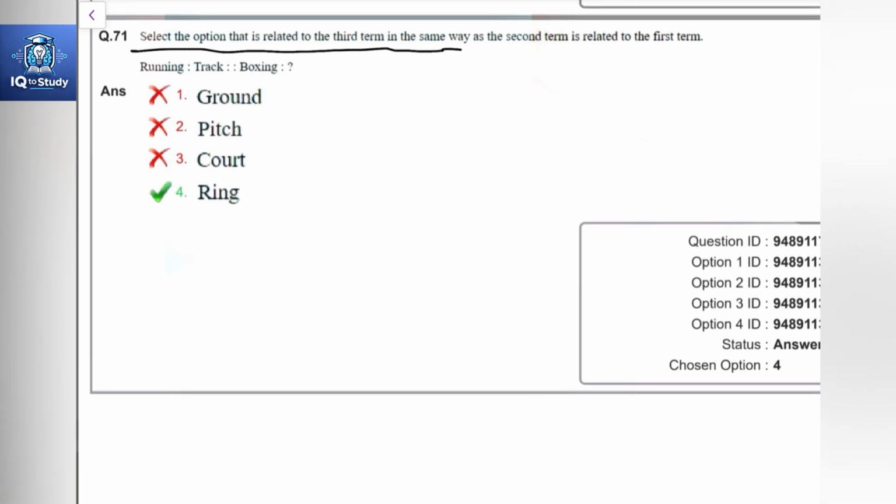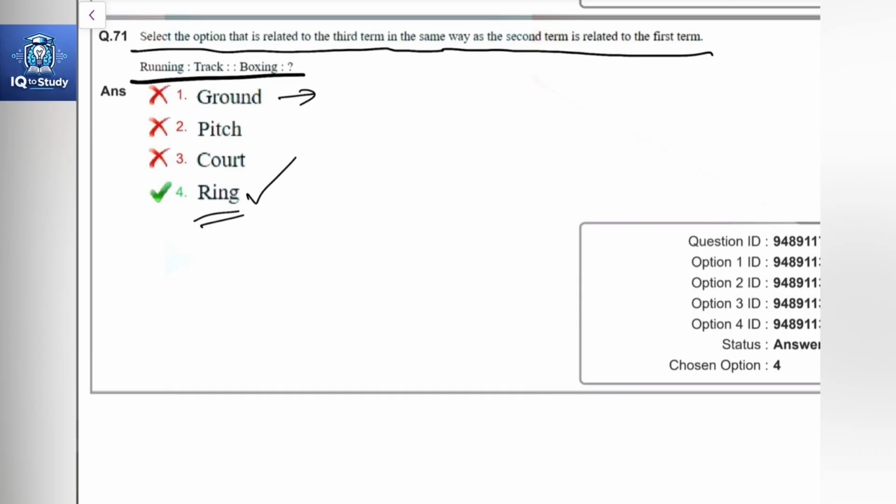Select the option that is related to the third term in the same way as the second term is related to the first term. Here, running is related to track. In the same way, boxing is related to ring. Option 4. Running on the track, and similarly boxing is played in the ring.